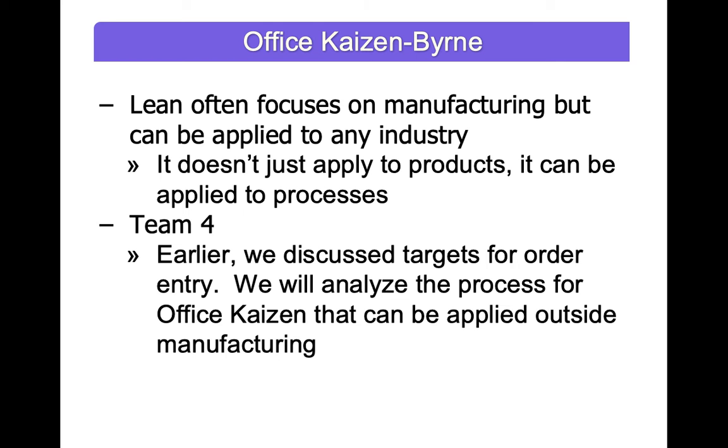We're going to talk about Office Kaizen. This is a shorter presentation because we're really getting into maintaining Lean at this point. We've talked about the hard work and the initial steps, but now we're getting into maintenance.